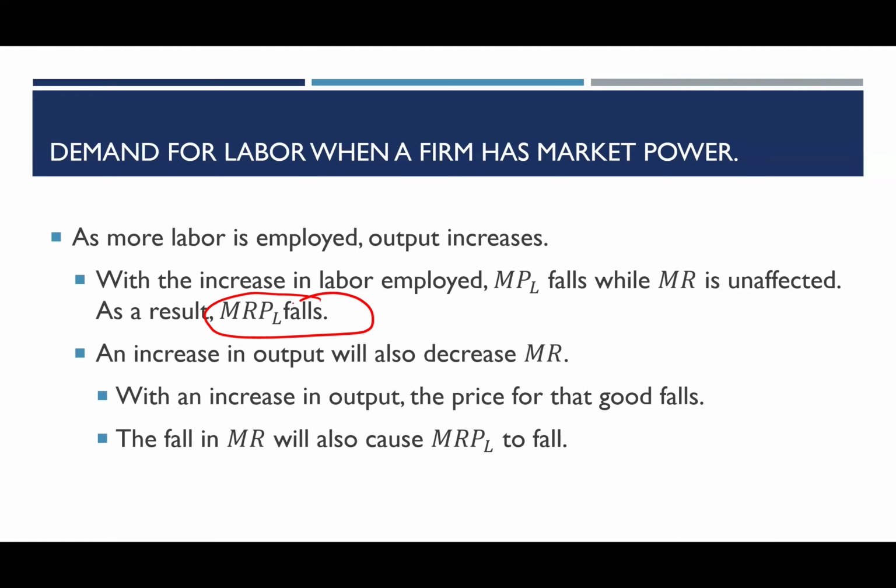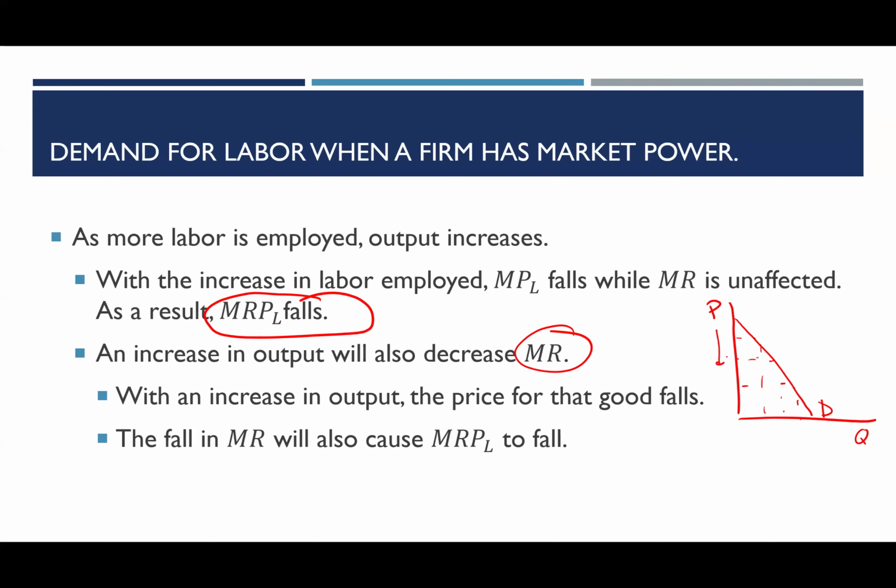An increase in output, however, is going to affect the price of the firm's good. As output increases, if we look at a supply and demand graph, consumers are less willing to pay for that good as there's more available, and so that price is going to tend to fall.